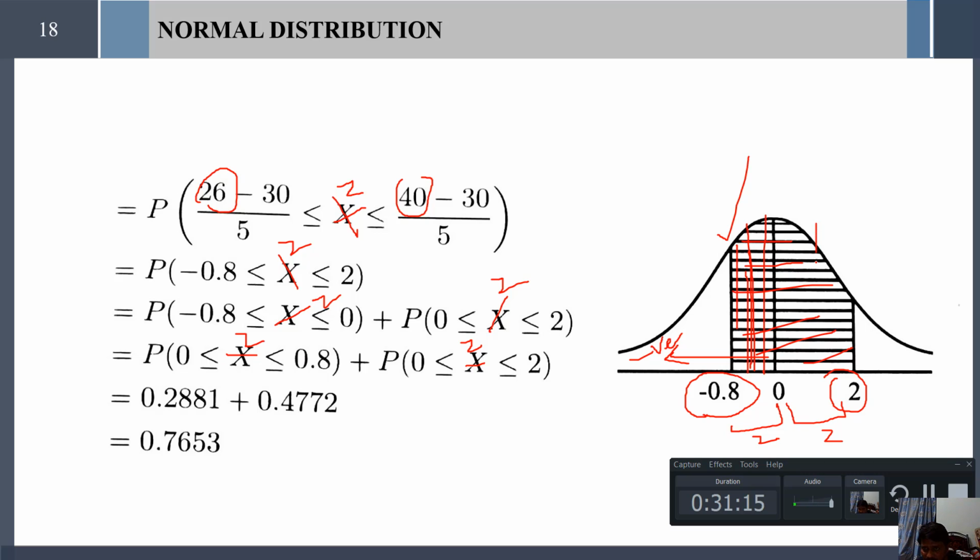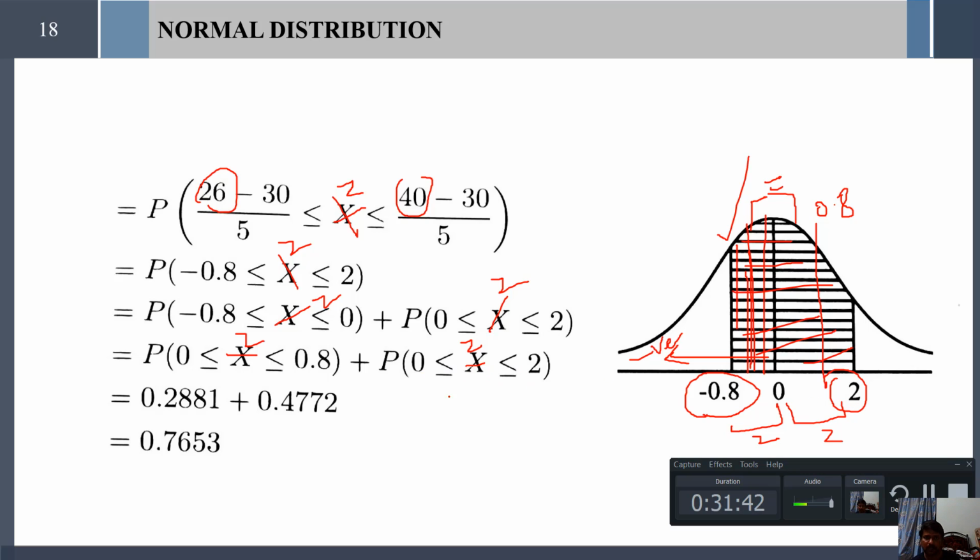If you see 0.8 here, this area and this area are both equal, that is why I write minus 0.8 less than or equal to z less than or equal to 0 as the probability of 0 less than or equal to z less than or equal to 0.8. And here as usual z lies between 0 and 2.